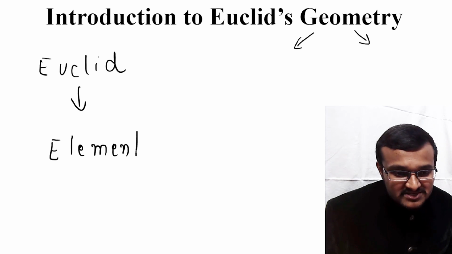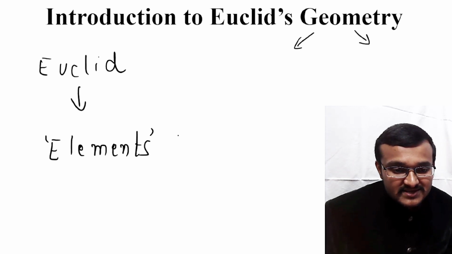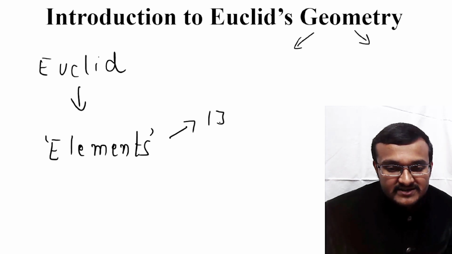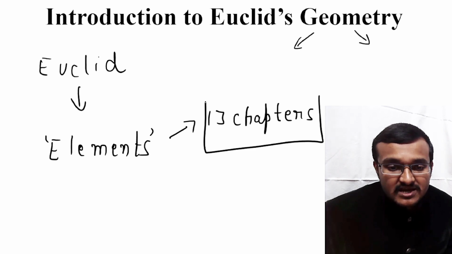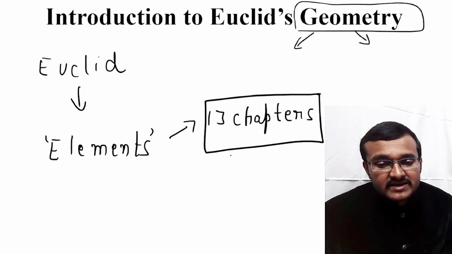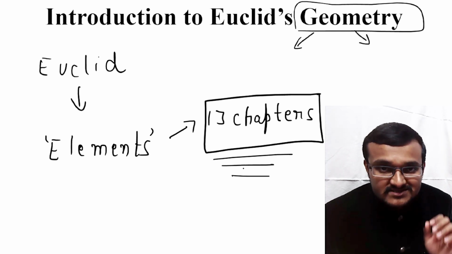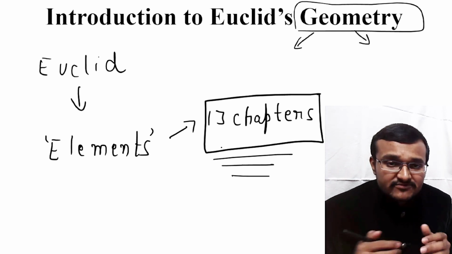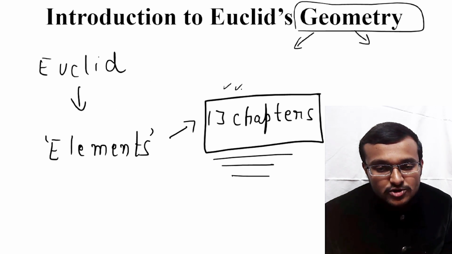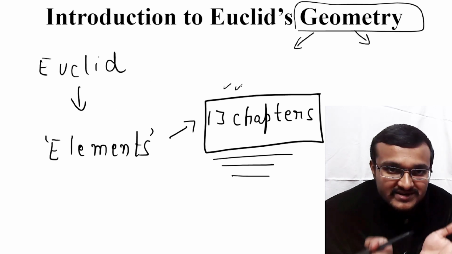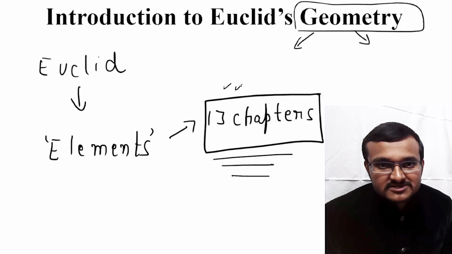In this Elements, he divided the concepts into 13 different chapters. Most of the concepts he summarized in these 13 chapters, and even today we can follow these 13 chapters and connect them with modern day geometrical concepts.